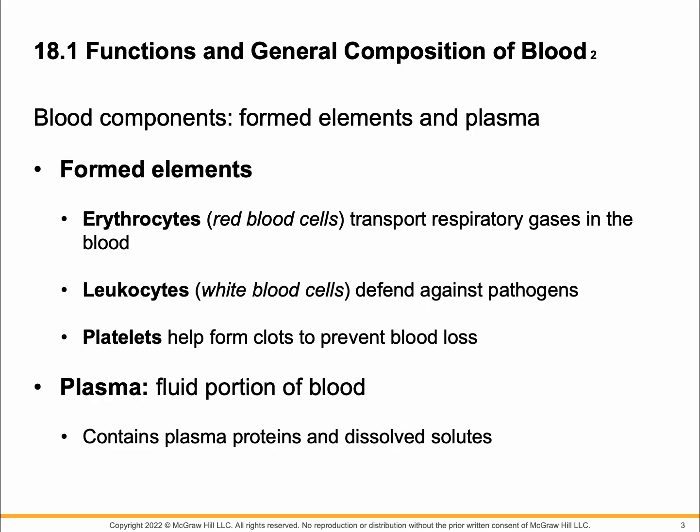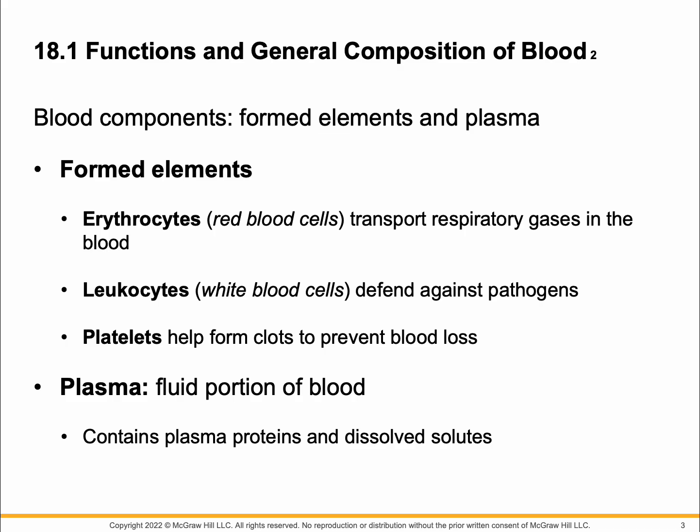So within blood, we know we have two main parts, right? We have something called formed elements and we have something called plasma. Think of formed elements as the things in the blood, primarily the cells, right? So we have red blood cells, white blood cells, and platelets, like we just mentioned. I may refer to them by their general term, or I may also refer to them by their technical name.